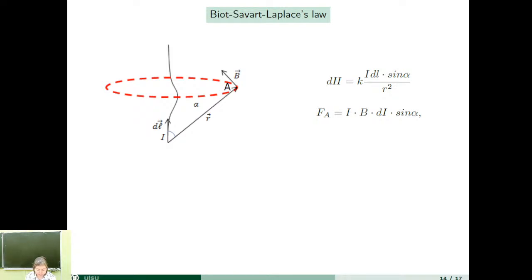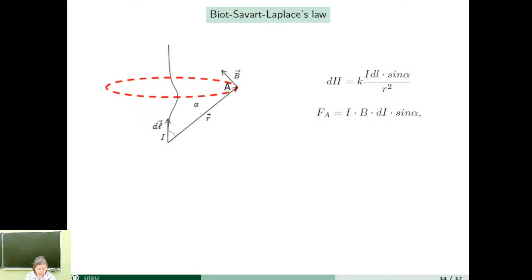Coefficient k depends on the chosen unit system. k is equal to mu 0 divided by 4 pi. In the SI system, k is equal to 1 divided by 4 pi.